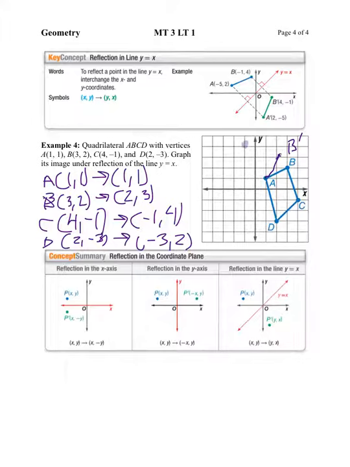And there's C prime. And then D prime is at (-3, 2). And there's your image after you reflect it over the line y equals x. Notice on the bottom of your study guide, I have made a chart for you to help you keep those three intact there.